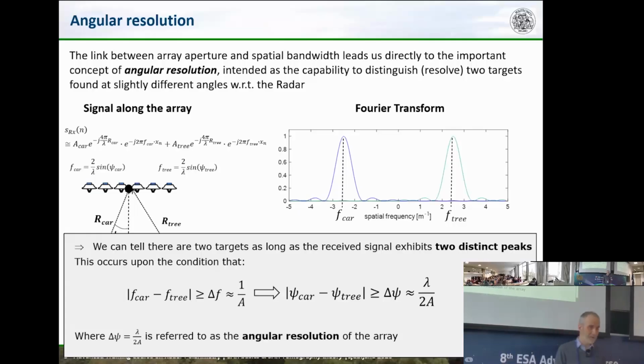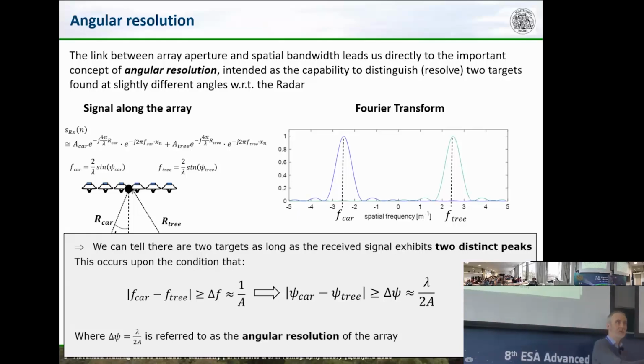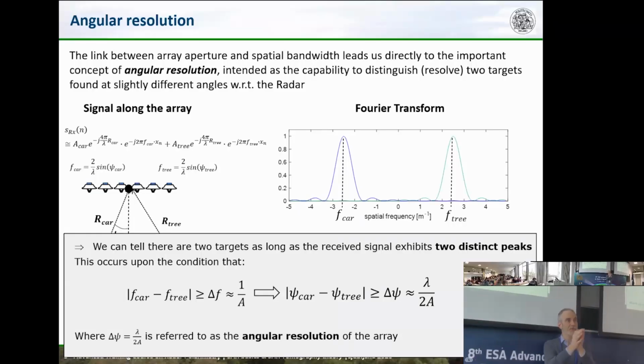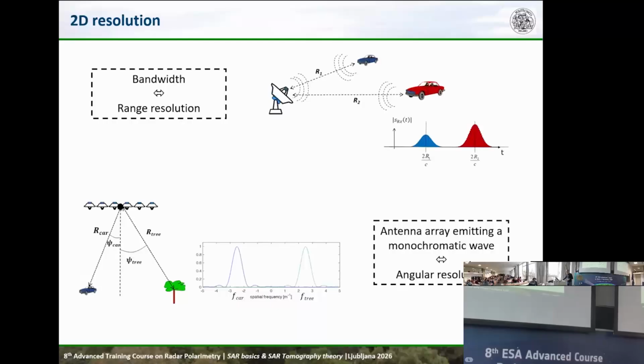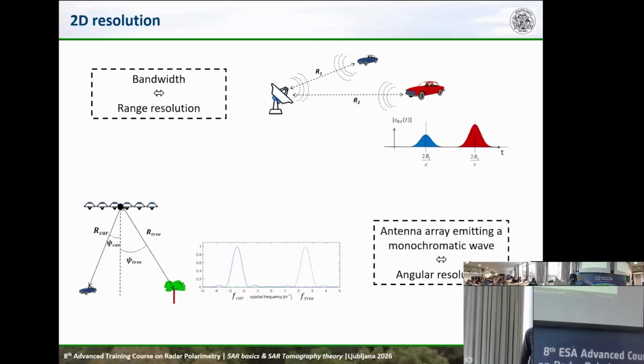So let's say that if I have to do a radar image of you guys, I could simply take a radar, move it along a linear trajectory, and I should calculate the length of this trajectory so that I have enough angular resolution to resolve you individually. This is exactly how it works. So now, okay, I anticipated the thing a little bit.